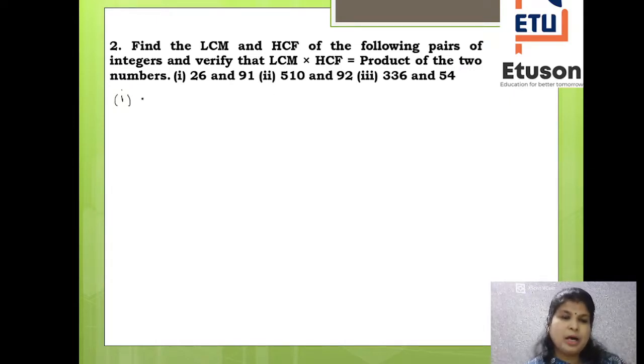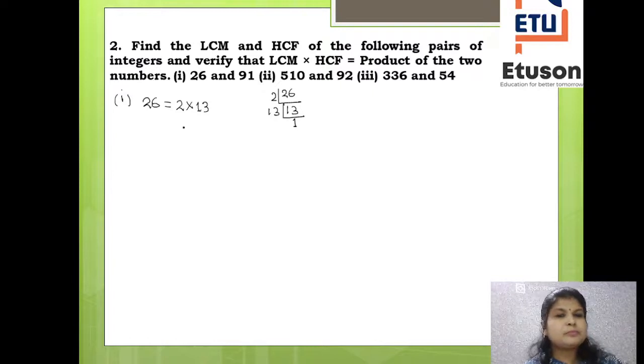How will you represent 26? Divide by 2, that becomes 13, and 13 itself is a prime number. So 2, 13 and 1. Neglecting 1, in terms of prime factors, 26 is 2 into 13.